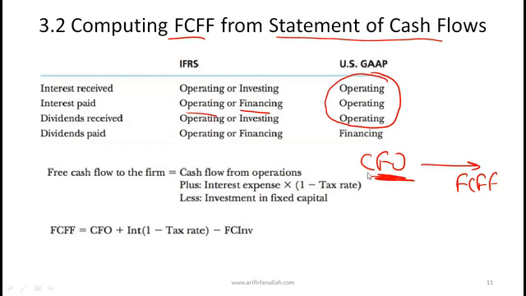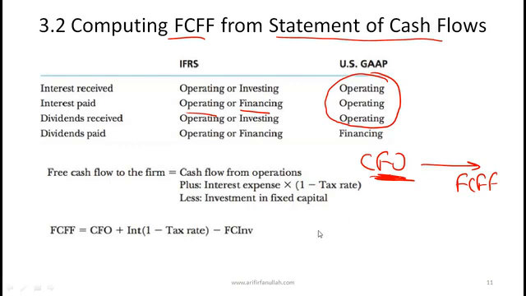So if, for example, we subtracted the interest paid and then came up with CFO, then we need to add back the interest expense. And then we subtract the investment in fixed capital. So that's all.